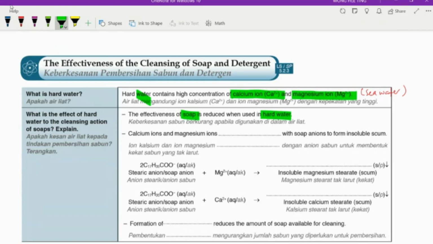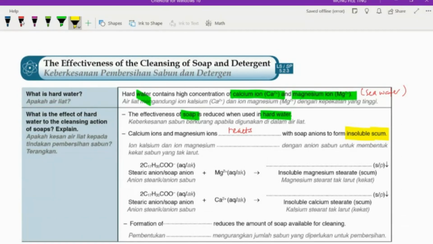The reason is the calcium ions and magnesium ions from the water react with the soap anions to form an insoluble scum. Scum in BM is kekat, K-E-K-A-T, but normally in English it's called scum, which is insoluble.